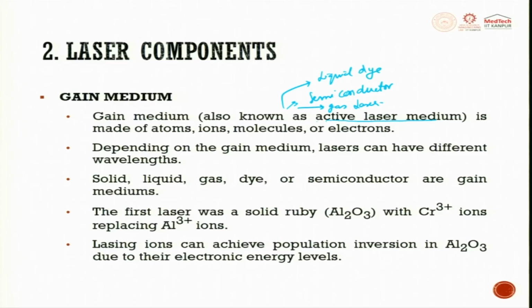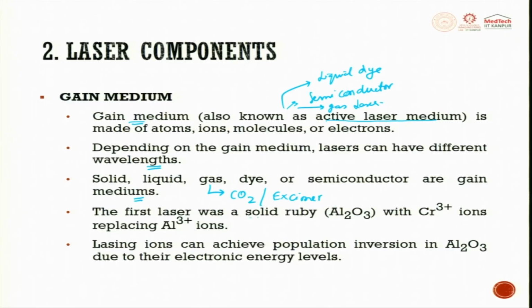All these are gain media. You can have solid, liquid, gas, dye or semiconductor as a medium. You have gaseous lasers also. For example, CO2 is a gaseous laser, and there is the excimer laser. All these things are there.